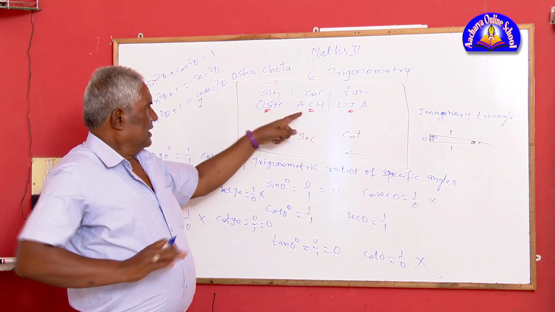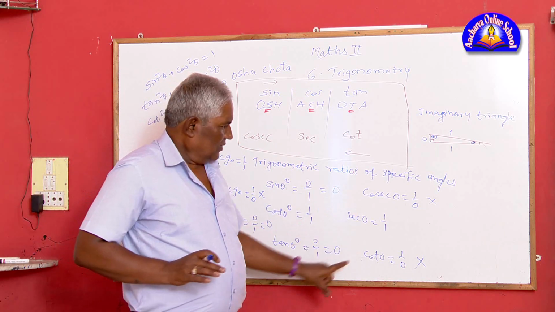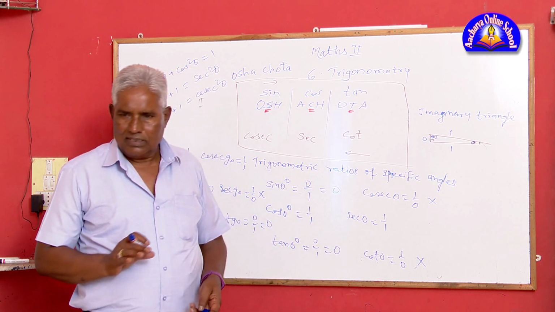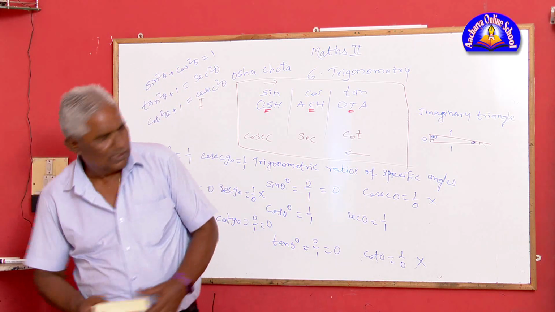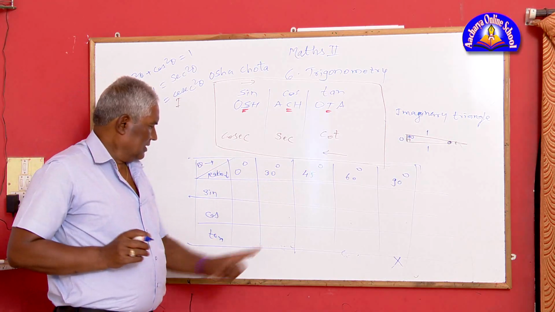In this way, we have got here 30 ratios. There are 5 angles and 6 ratios, and therefore in all we have studied about 30 trigonometric ratios. This can be summarized in short. Suppose these are ratios and these are angles.